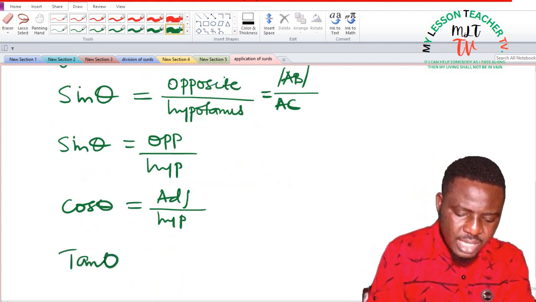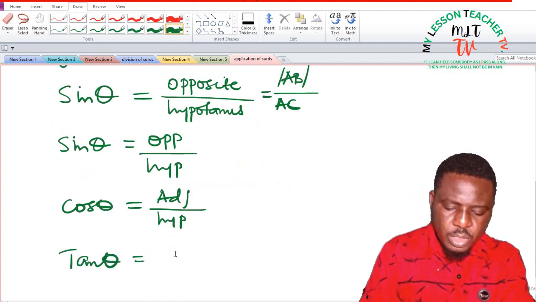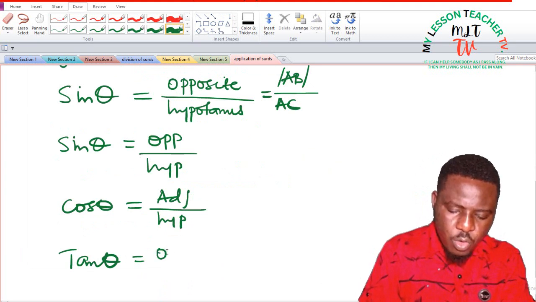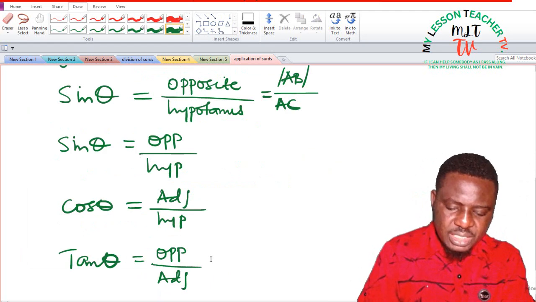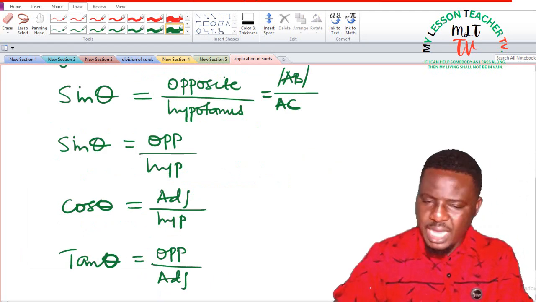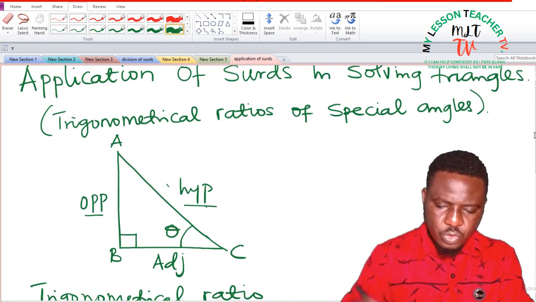That is, tan theta is said to be equal to the ratio of the opposite side to the adjacent side, and we refer to this as the trig ratios.